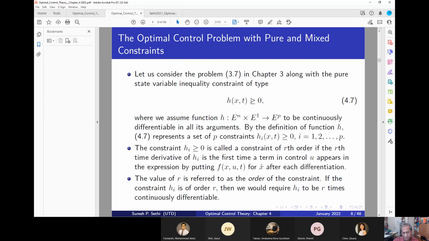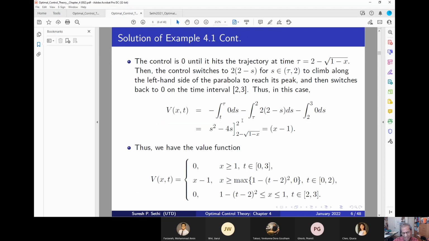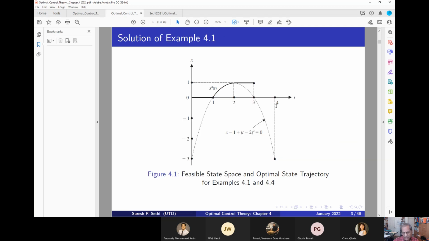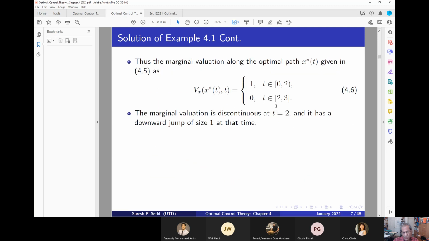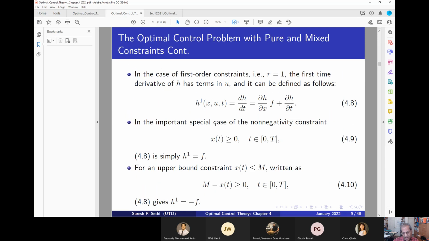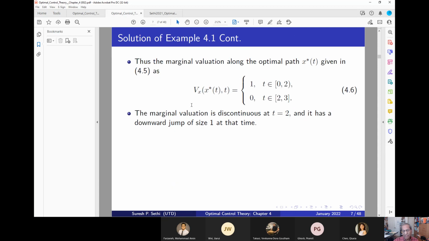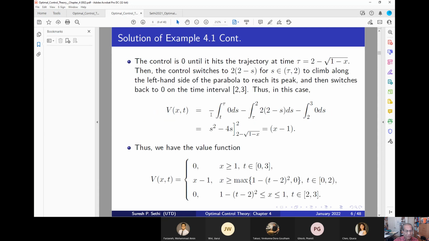In our field, we don't see this kind of constraint. Sometimes you can, but it is not usual. The usual constraint is this kind: non-negative constraints on wealth, inventory, advertising, goodwill, whatever.